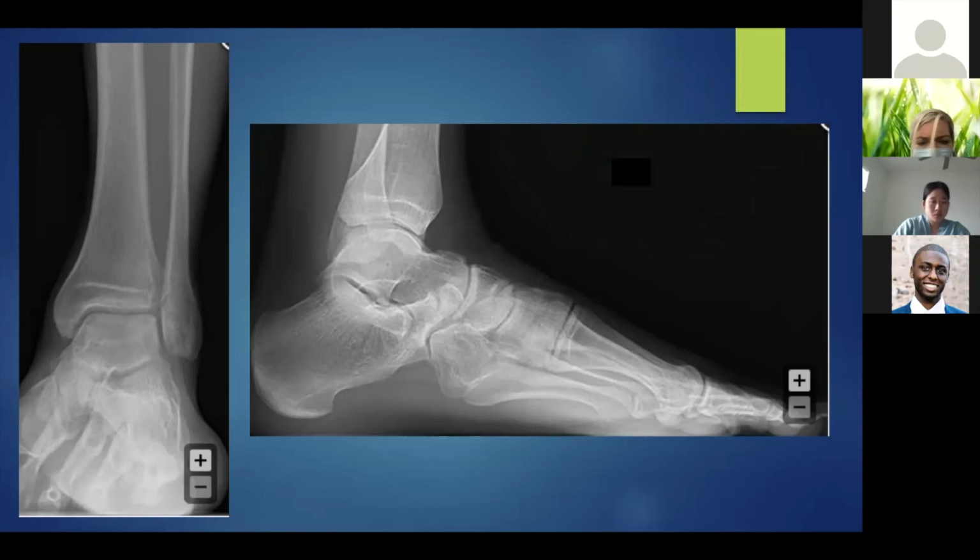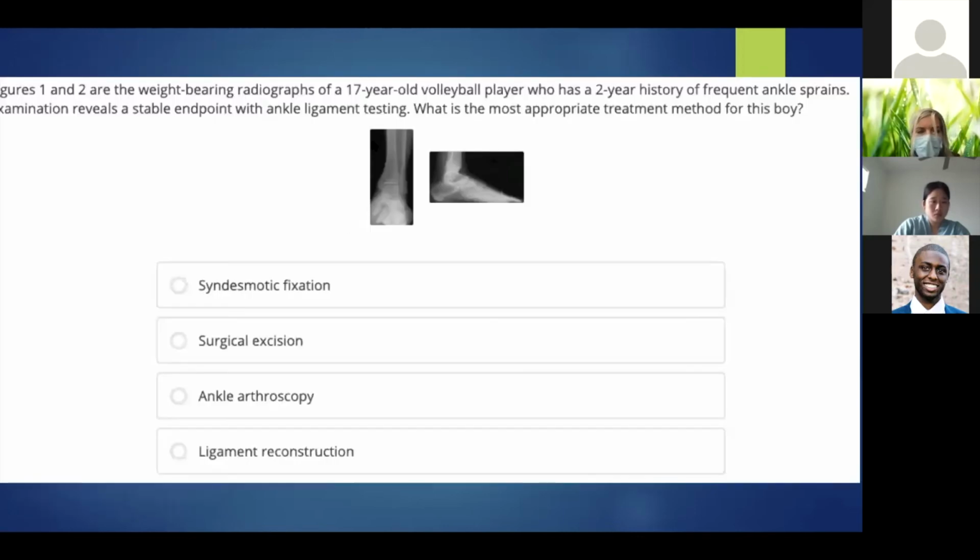Maybe hard to see, but if this is a young person with a frequent history of ankle sprains and they're only a teenager, each step of these questions is giving you information. So they're young, they've had a history of ankle sprains, but they have stable ligament testing.